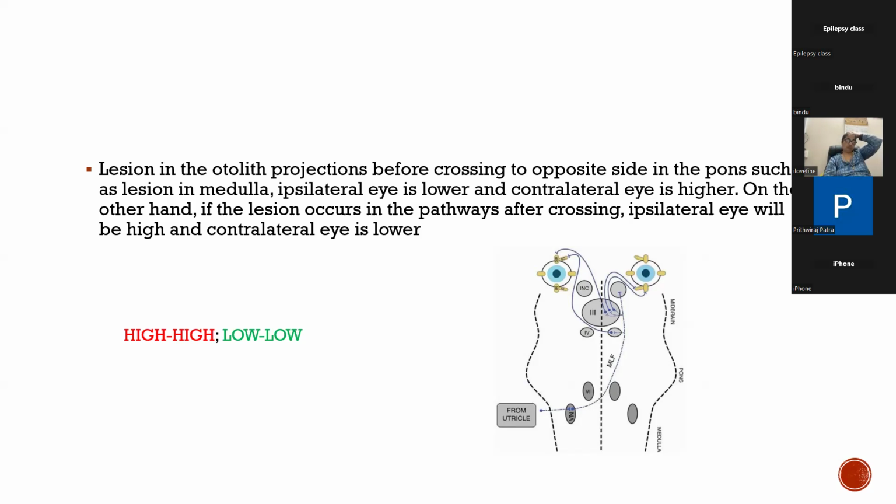So the lower the lesion on the ipsilateral side, the lower will be the eye. And the opposite: for a lesion anywhere after crossing, like in the thalamus, the higher the lesion, the higher will be the ipsilesional eye. So the mnemonic is high, high, low, low.